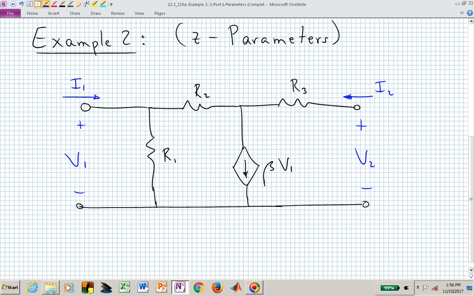Now what we can do is figure out how to analyze this circuit in order to find these equations relating V1, V2, I1, and I2 so that we can solve for the Z's. The way this is set up, let's identify two nodes.